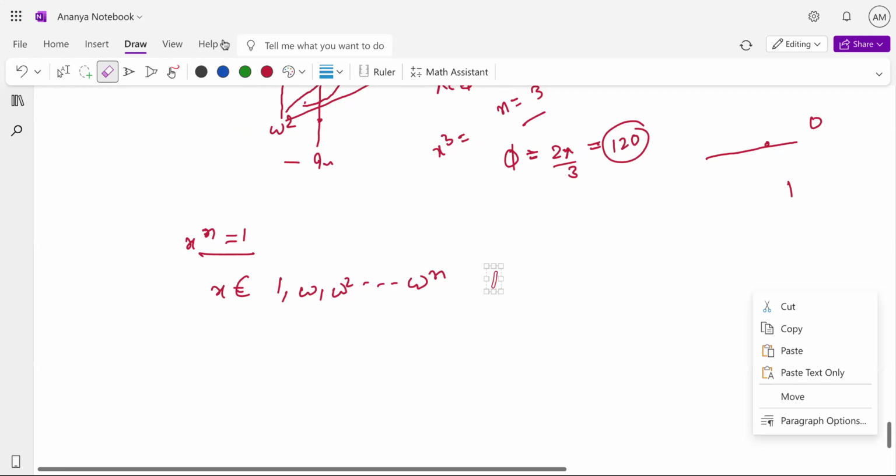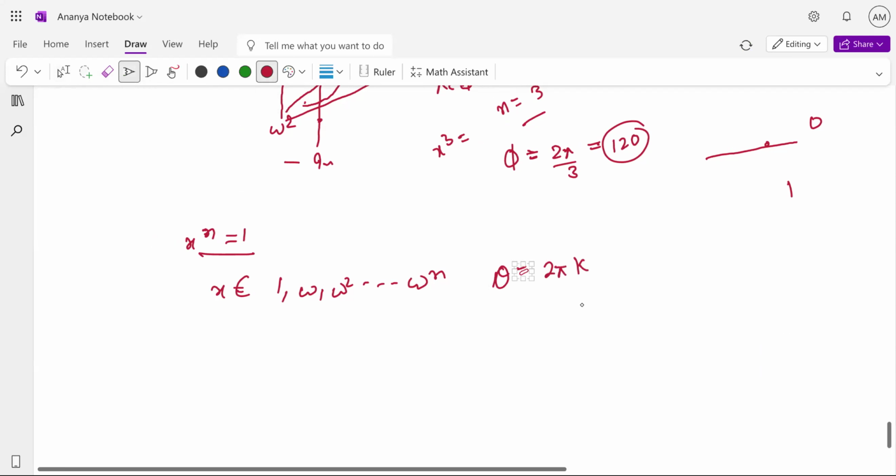So we can directly write theta will be 2 pi k divided by n, where n you already know is the order, and k should be 0 to n minus 1. So that's the thing. Any doubt till here? No, sir, clear.